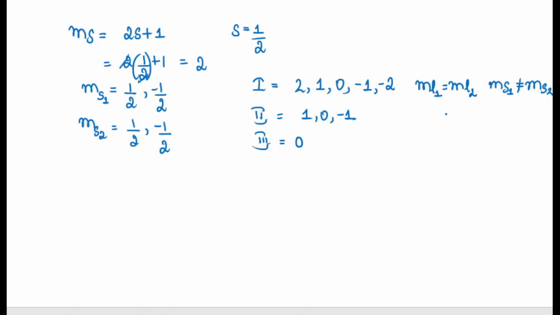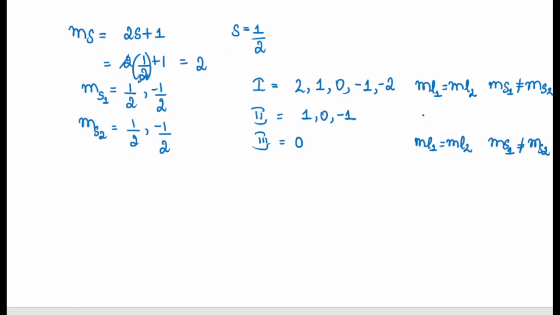Simultaneously, the ml1 values and the ms1 or ms2 values will not be the same at the same time. Okay, they will be different. If ml1 is equal to ml2, then ms1 is not equal to ms2. Here in the third set, ml1 is equal to ml2, so here also ms1 is not equal to ms2.